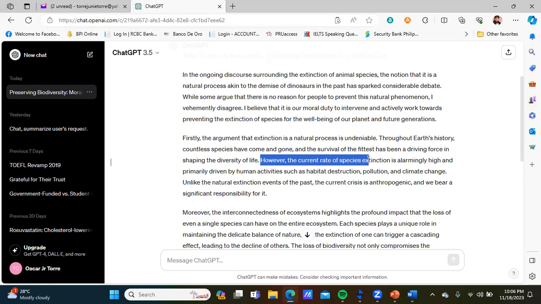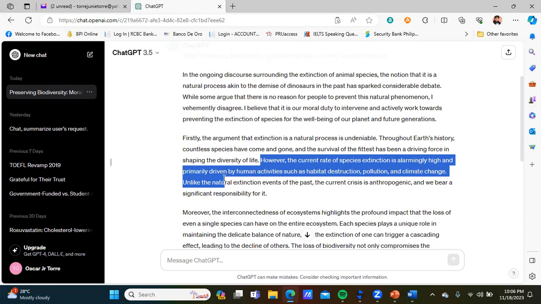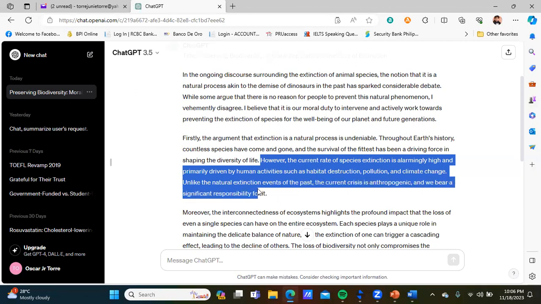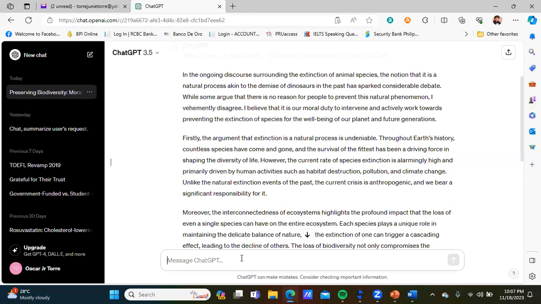However, the current rate of species extinction is alarmingly high and primarily driven by human activities such as habitat destruction, pollution, and climate change. Unlike the natural extinction events of the past, the current crisis is anthropogenic. What on earth is that? Maybe we should ask chat about that. And we bear a significant responsibility for it.